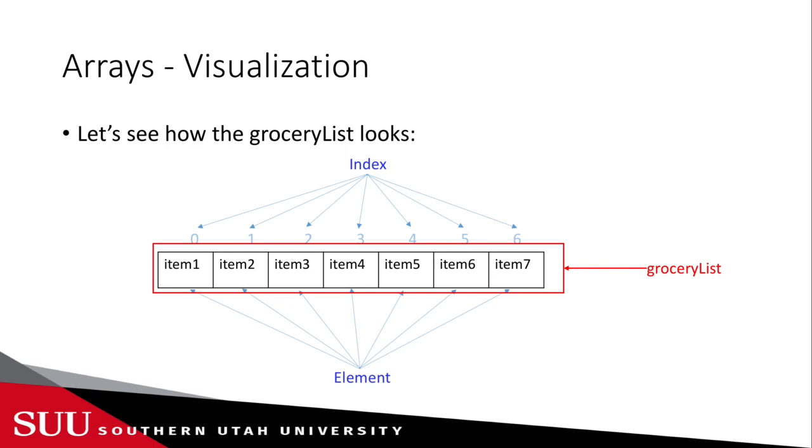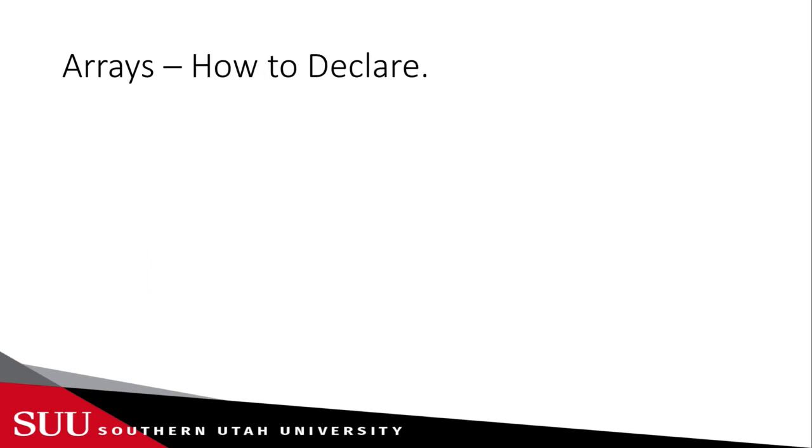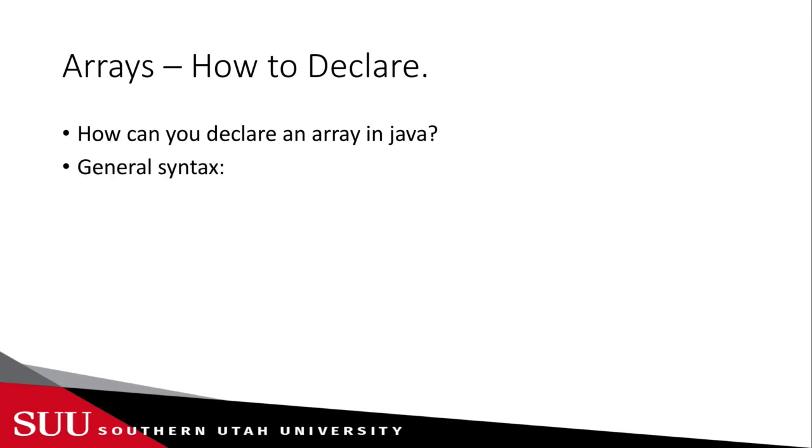Now we know how it works or how it looks, but how can we use it in our Java code? Basically, how can I create an array in Java? The first thing is I will need to declare my array. So let's look at the general syntax. I will start with the data type and then follow it with the square brackets and then the array name.